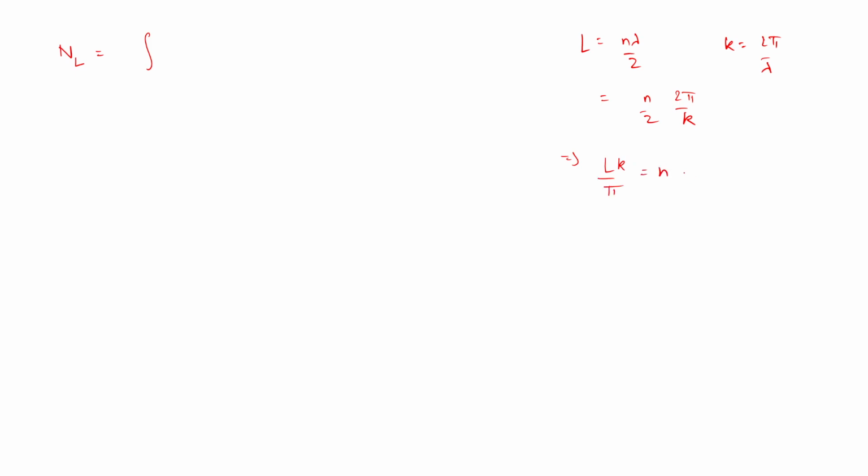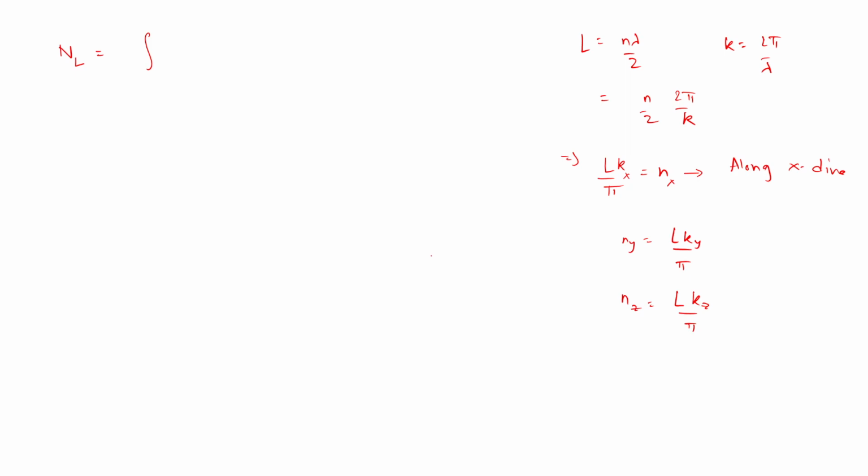This we derived along the x direction, so we can write kx and nx. Similarly, ny will be L ky over pi, and nz will be L kz over pi.